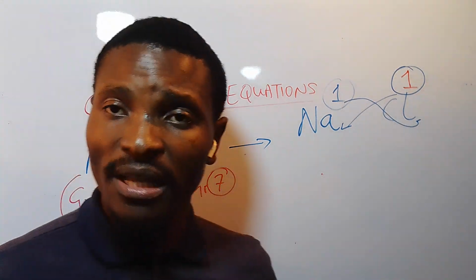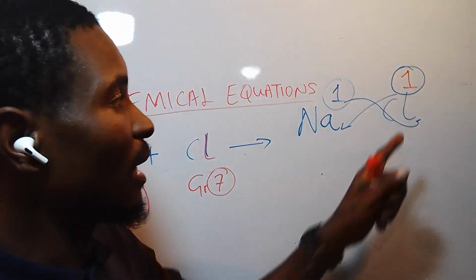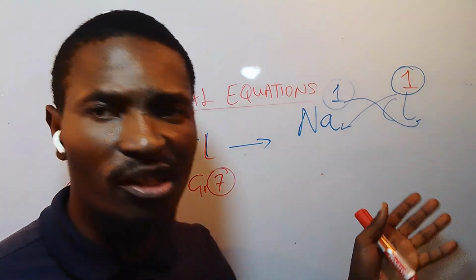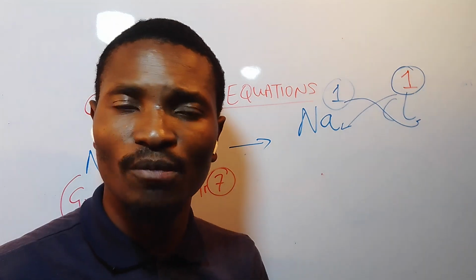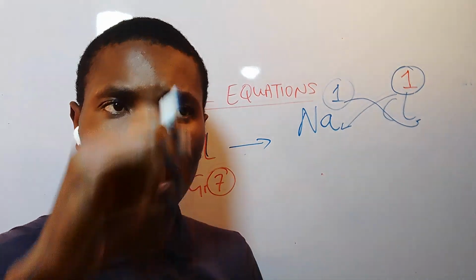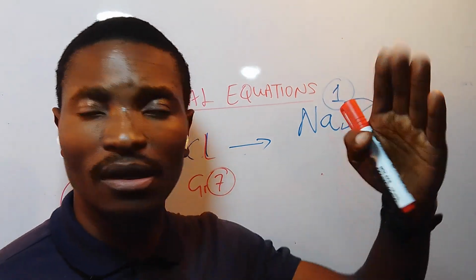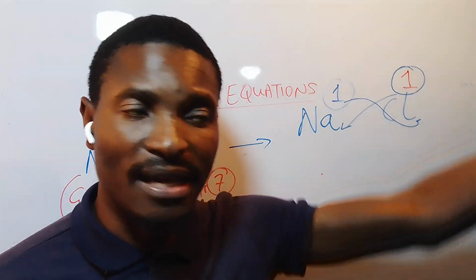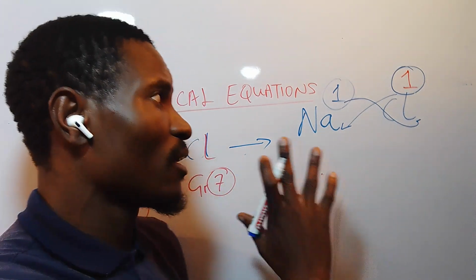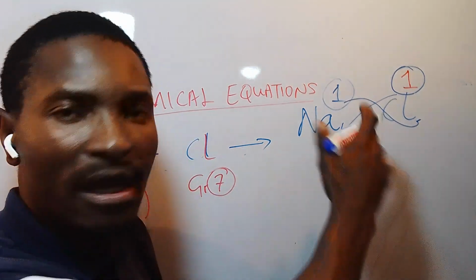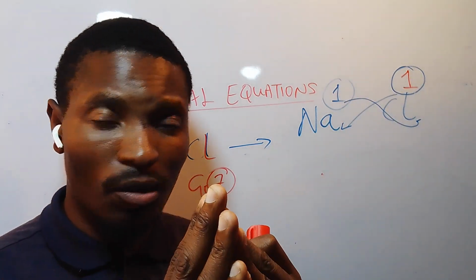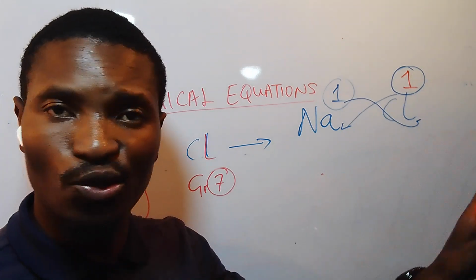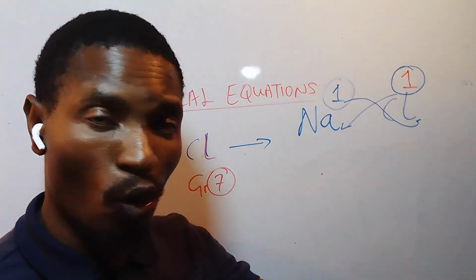Now, if the numbers that we are looking at are just a coefficient like 1, then there is no need for you to specifically show the ones, unless you're talking about 2, 3, 4, and so on. When the numbers involved in exchanging, when they combine to form a compound, are ones, there is no need to show those ones.